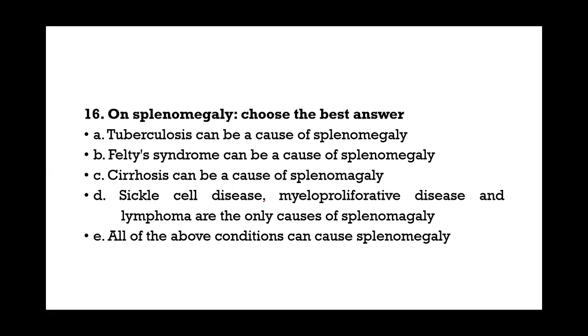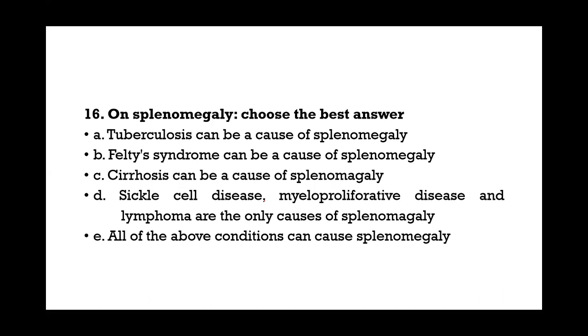C, cirrhosis can be a cause of splenomegaly. D, sickle cell disease, myeloproliferative disease, and lymphoma are the only causes of splenomegaly. E says all of the above. Now, this option requires you to choose the single best option.